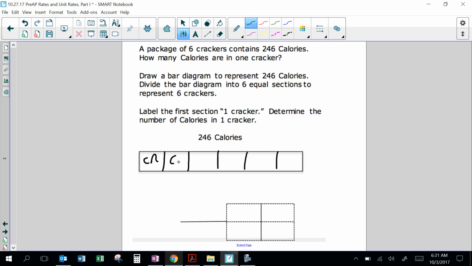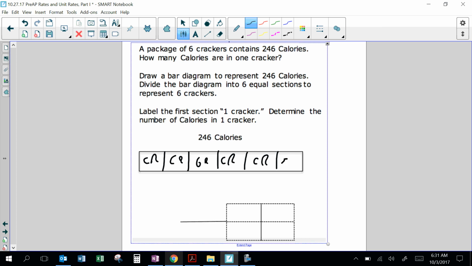So each one of these represents one cracker. I would like to find out how many calories are in each, per cracker. So we know that there are 246 calories for 6 crackers. How many calories are there per cracker?